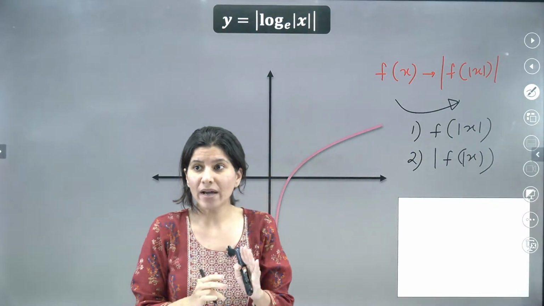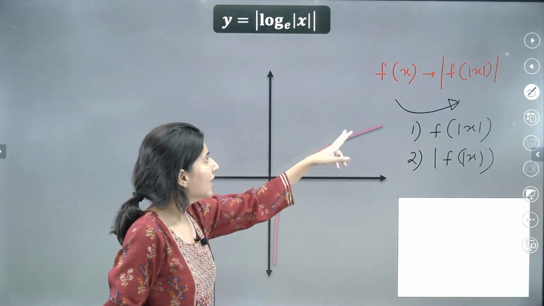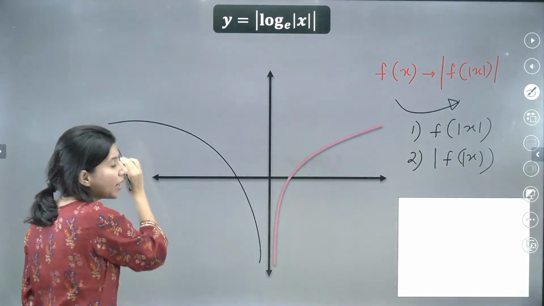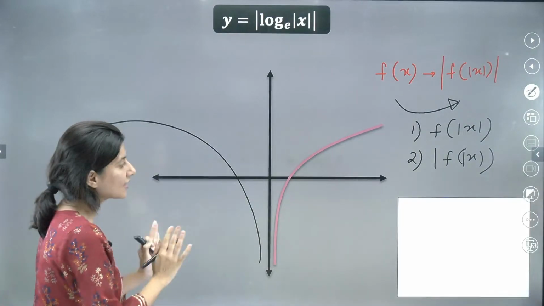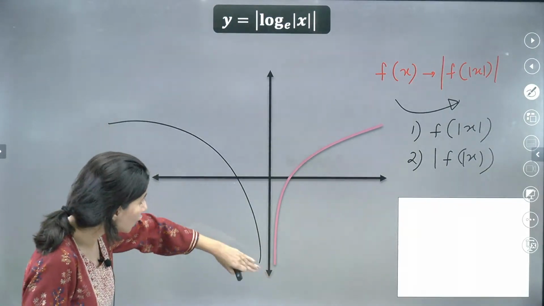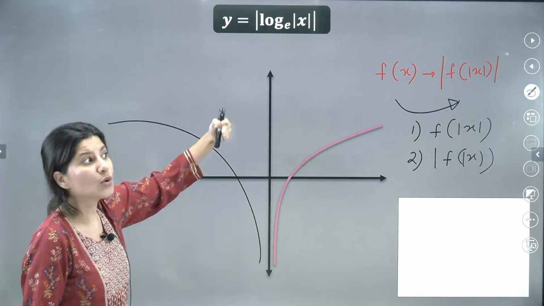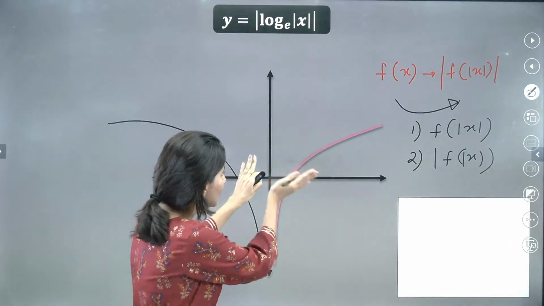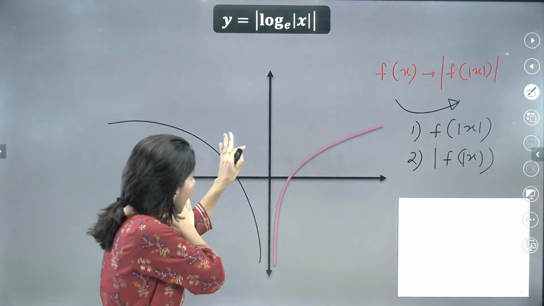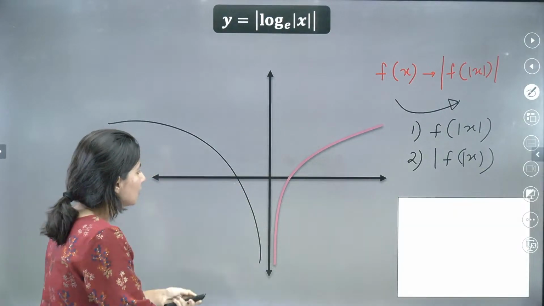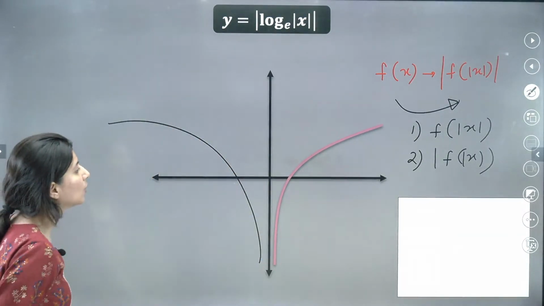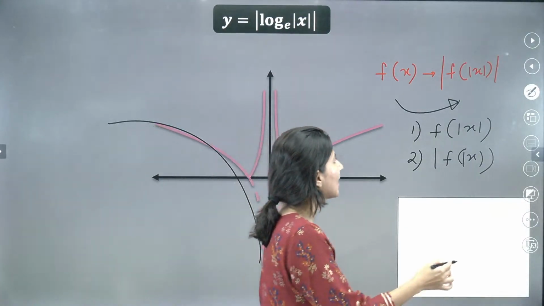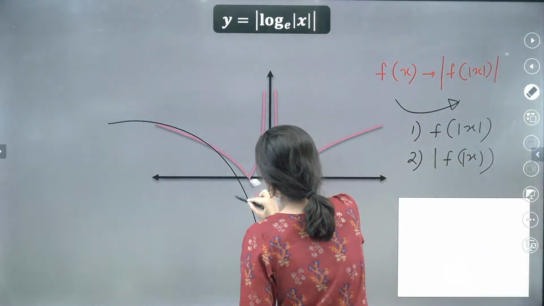First of all, f x to f of mod x we just did. We just took that mirror image about RHS. This is what this graph is, f of mod x. And now you have to take mirror image about x-axis. So second step is this. First step was delete LHS and put the right side on the left hand side. And now next step is just flip it about x-axis. So finally you are going to get this final graph.